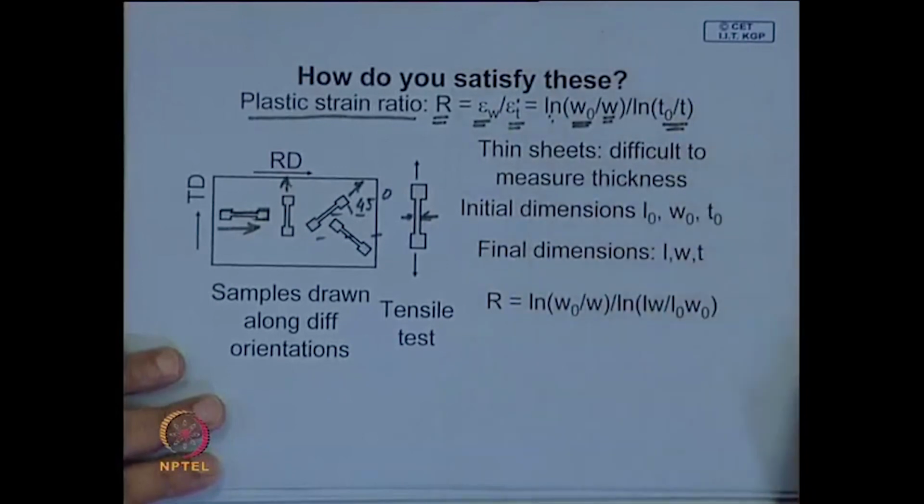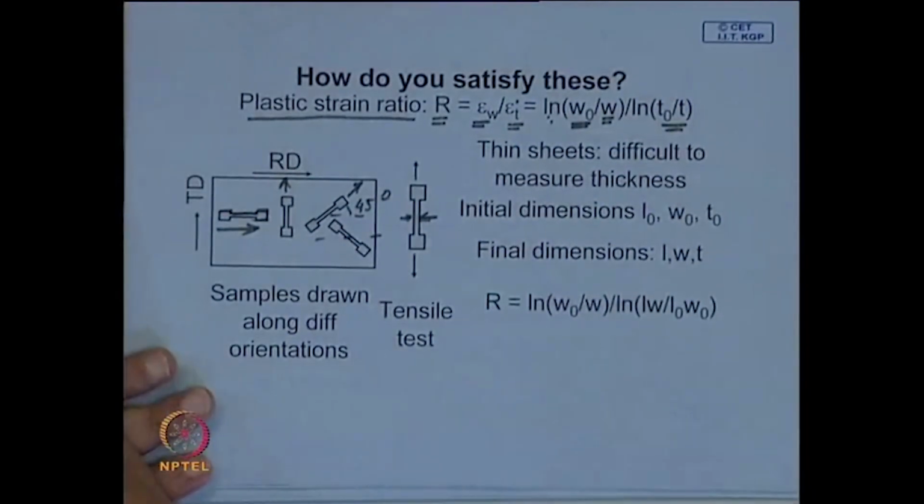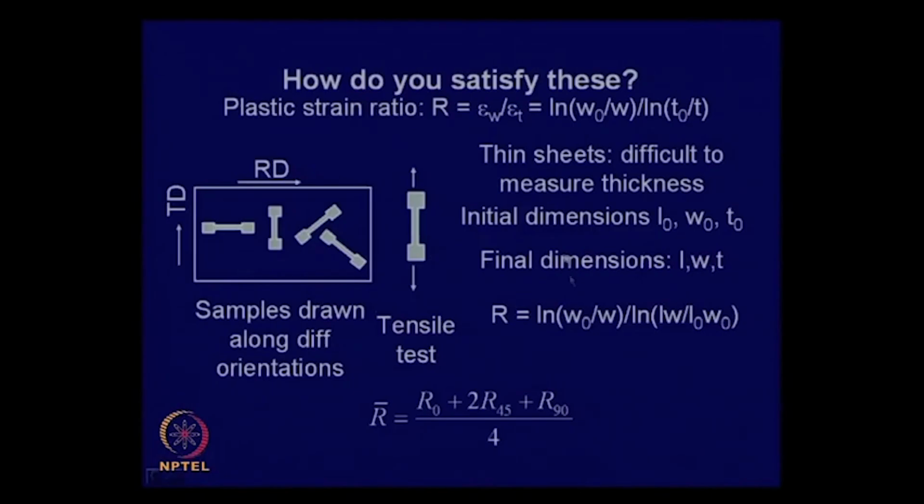So, what you do in this particular case is you find out the length and the width, because the sheet is normally very thin, and the accuracy of thickness measurement is less. By volume constancy you can calculate the thickness, and this is what has been done. I leave this to you.